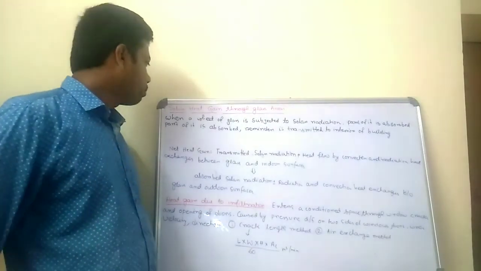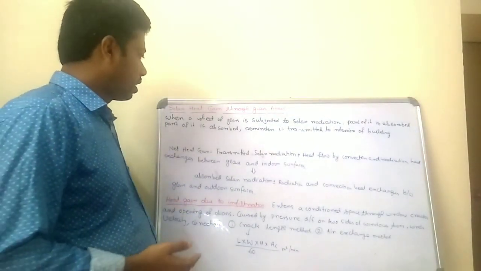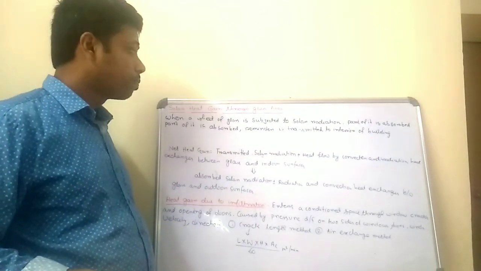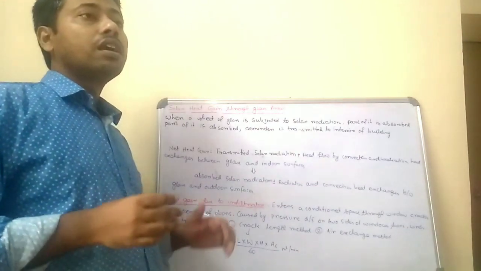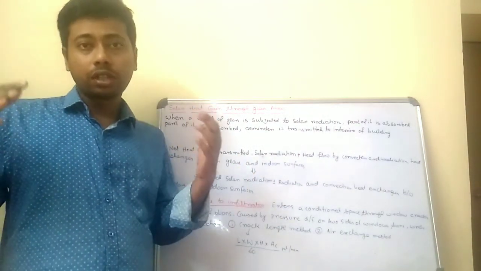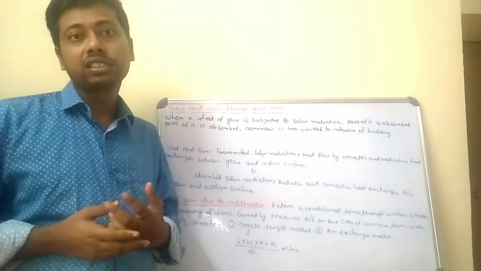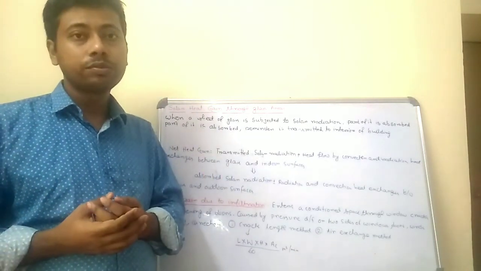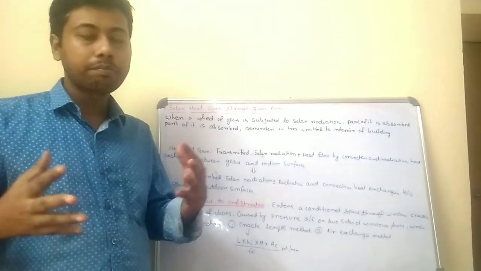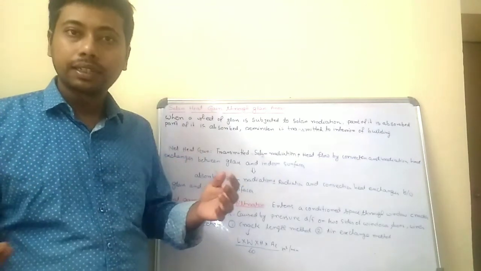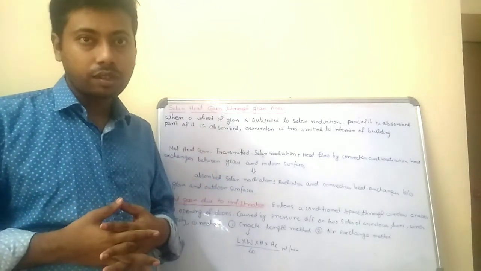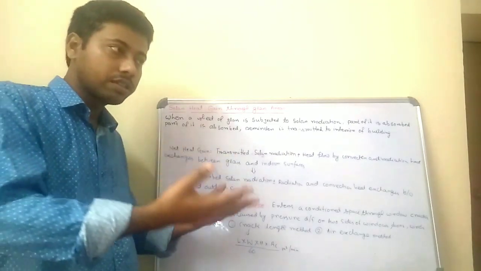Now, another important point for cooling load estimation is the solar heat gain through glass areas. In a particular room or space that is to be air conditioned, a maximum portion of the room may be made of glass or other fibers, in the window part as well as the door part.